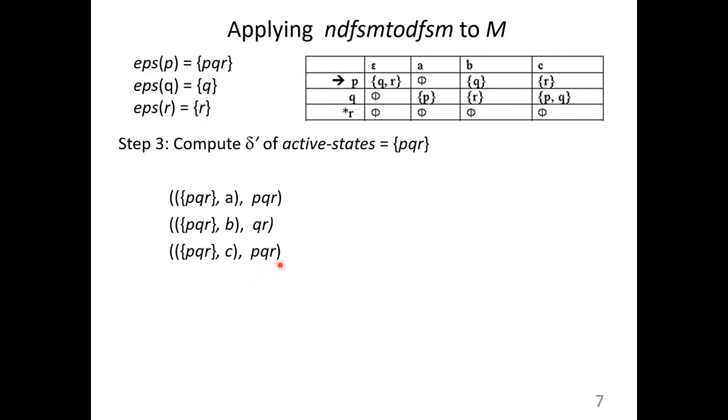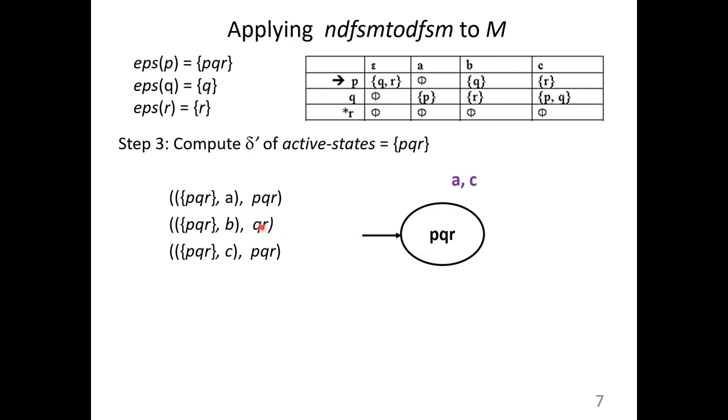So after computing delta transitions of PQR for input symbols A, B and C, we have seen a new active state QR, and the current transition diagram looks like this. Initially we have state PQR.